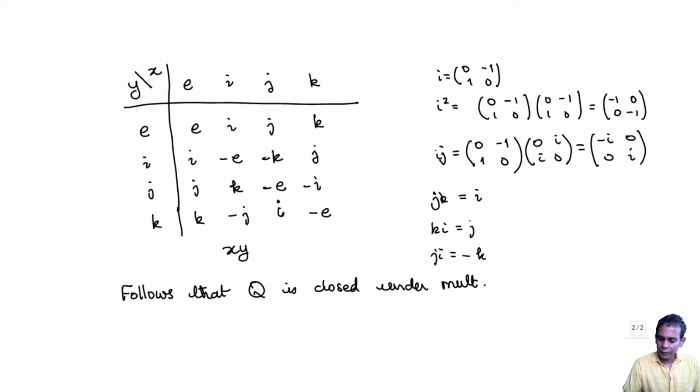Okay. Now what are the other axioms? We have the axiom of the identity. So E is the identity of Q because it's the identity matrix, the identity of multiplication.